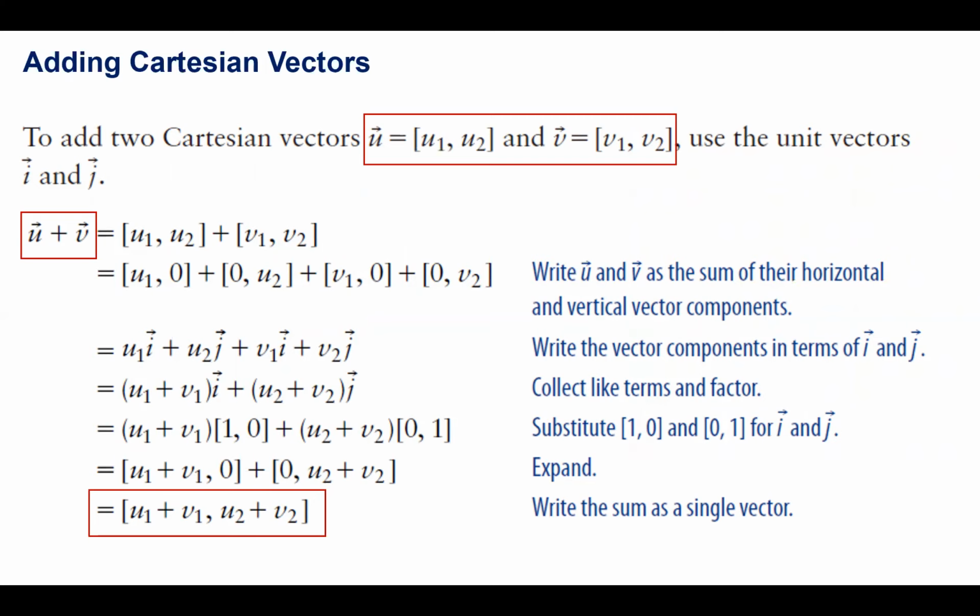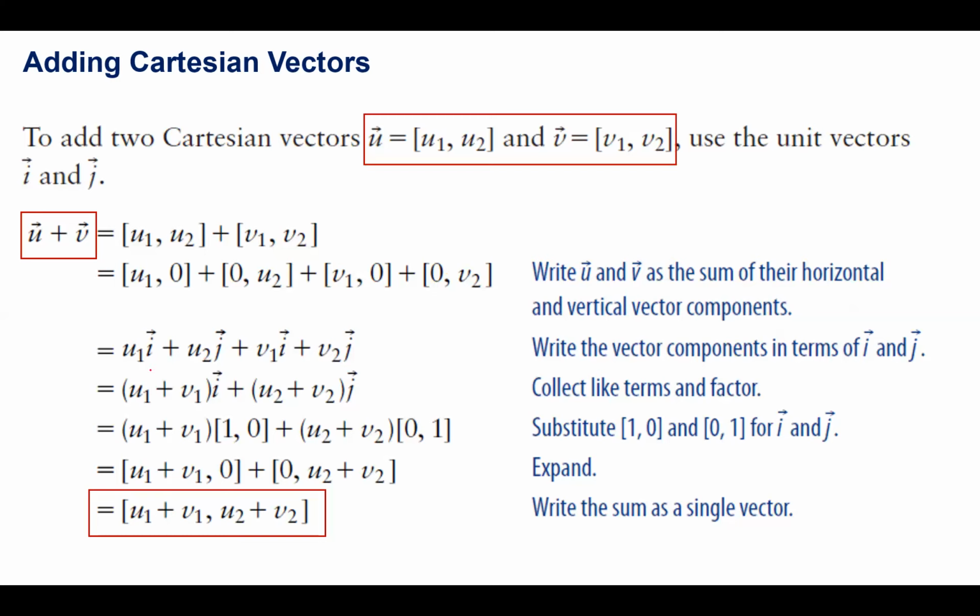So note that u plus v is u1, u2 plus v1, v2 as shown here. So this can be written as u1, 0 plus 0, u2 plus v1, 0 plus 0, v2, right? Because we can write u and v as the sum of their horizontal and vertical vector components.